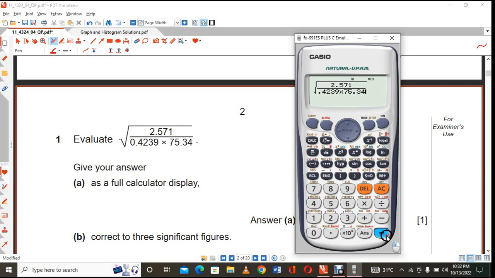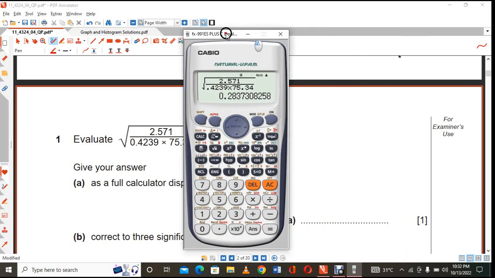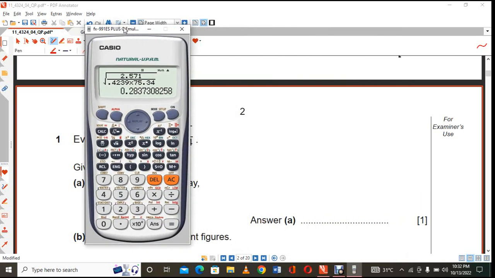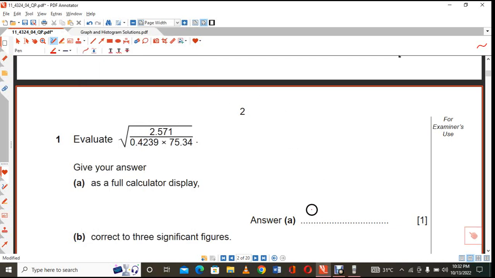Good. Then you should write your full calculator display as it is there. So the answer therefore is 0.28307308258. Okay, so that's 1 mark, full calculator display.